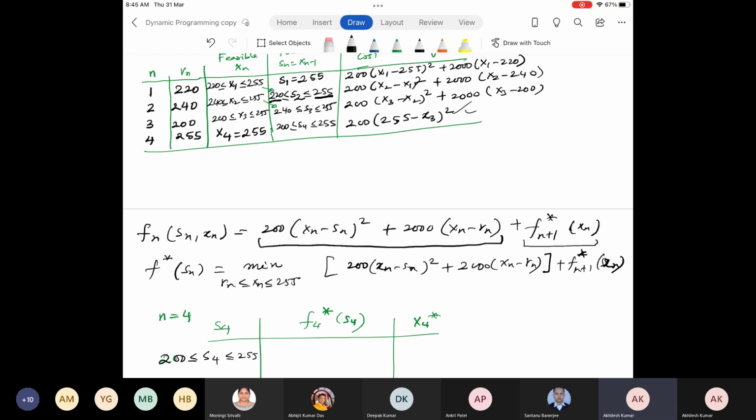F4 star, you have already written all these things here. You just need to put it here. 255 minus S4 whole square equals 255. See if it makes sense.